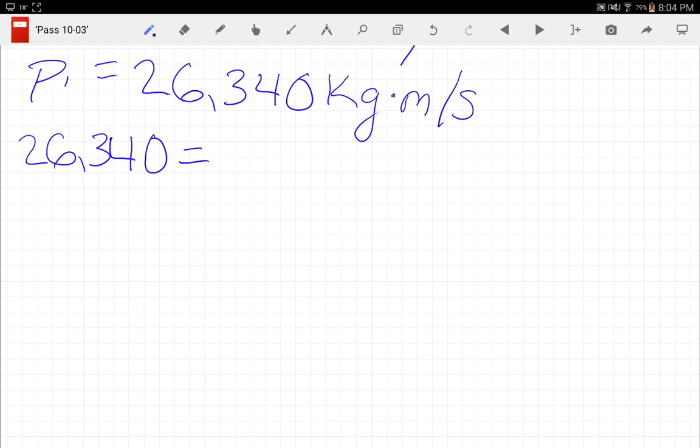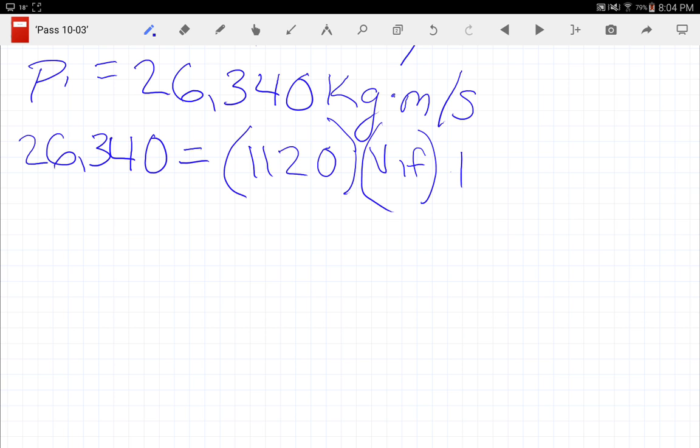Yeah. Okay, so we'll set this up and we'll have M1 times V1 final. Can you explain that again? Okay, so your initial momentum is equal to your final momentum. When you look at the actual equation for momentum, it's mass times velocity.